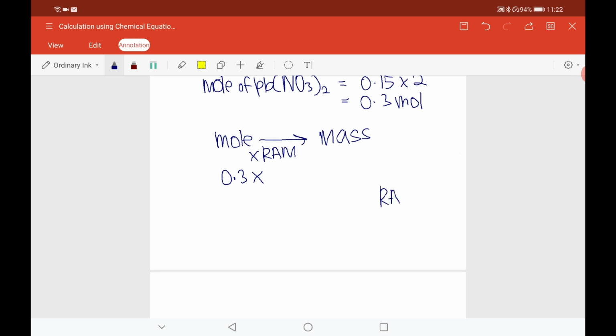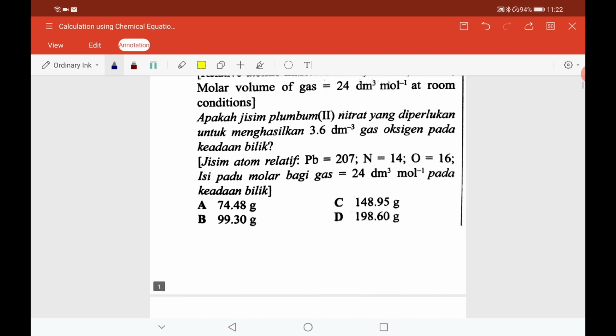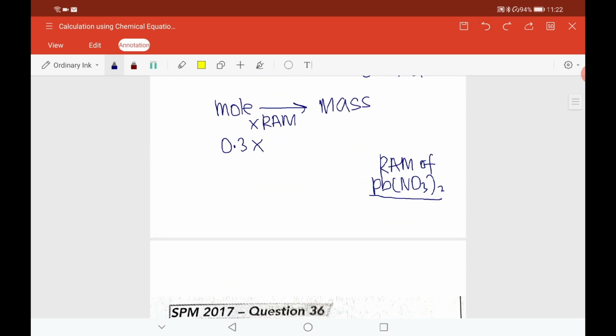So we need to find the RAM of lead nitrate. They give us the RAM for lead, nitrogen, and oxygen, so we just add them. For lead, we have 207. Nitrogen is 14, and we have 2 nitrogen, so times 2.